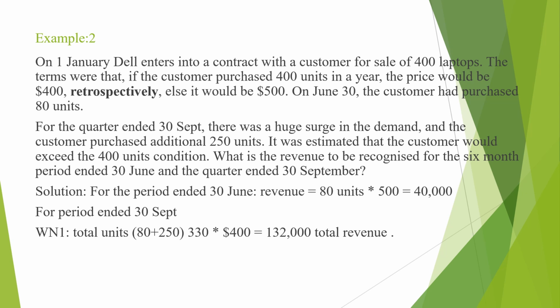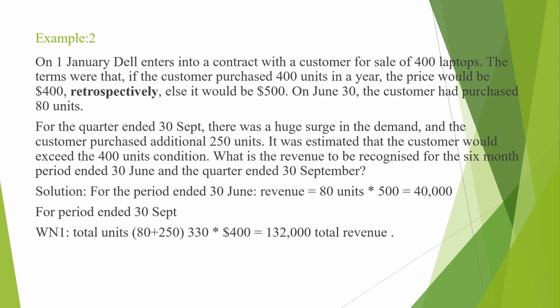Therefore, now you have to recognize the revenue based on the selling price as 400. Okay, so the total 330 units will now be recognized as 400. So up to 30th September, 330 units into 400.